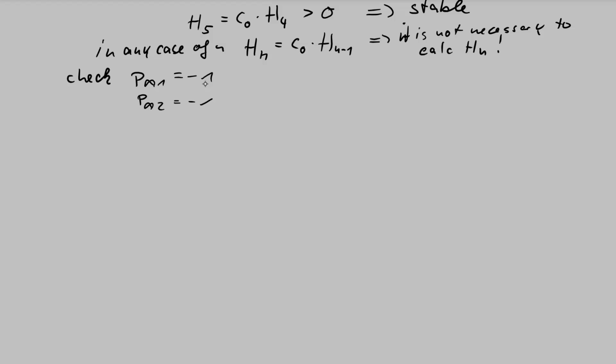The second pole is also -1. The third and fourth poles are -1 plus and minus j1, and the fifth pole is -2. And again, we have a coincidence of the statements of both pole criteria.